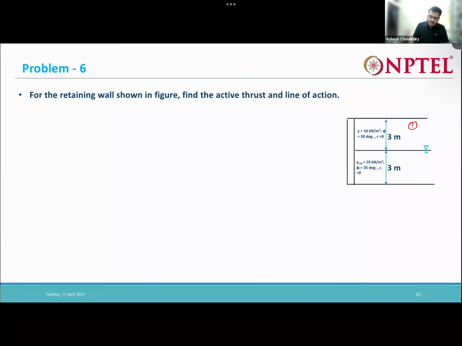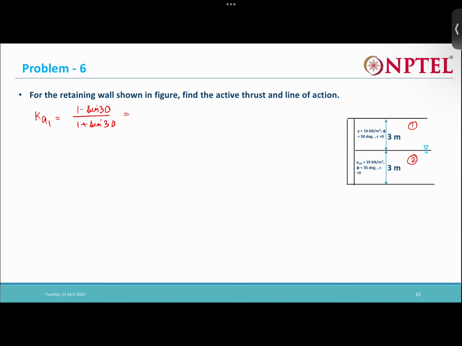So let us call this layer 1. My K values are different for these two layers. K1 will be 1 minus sin 30, which is 0.33, 1 by 3. K2 we already found out, 0.271 for 35 degrees.